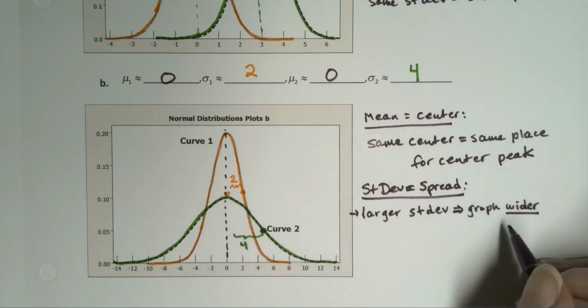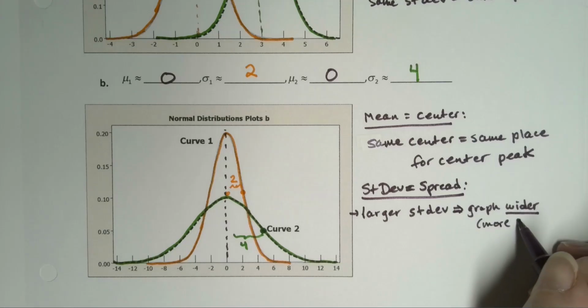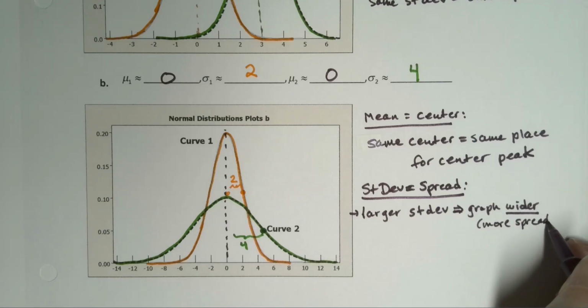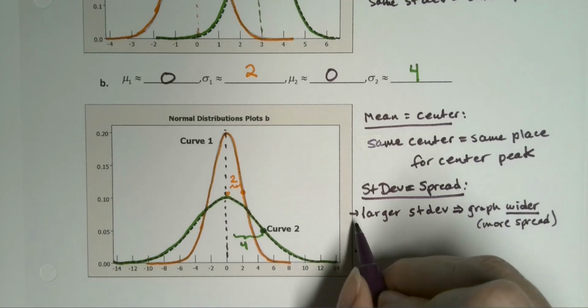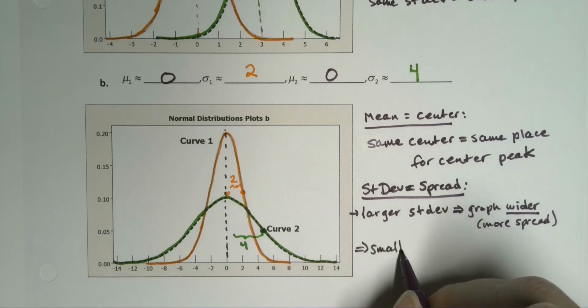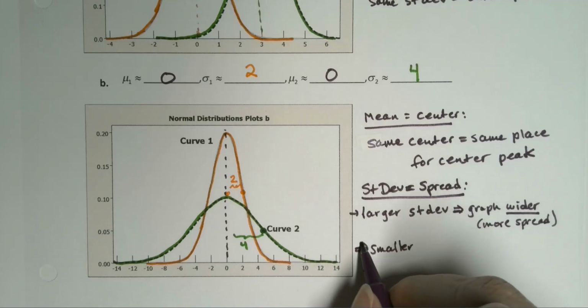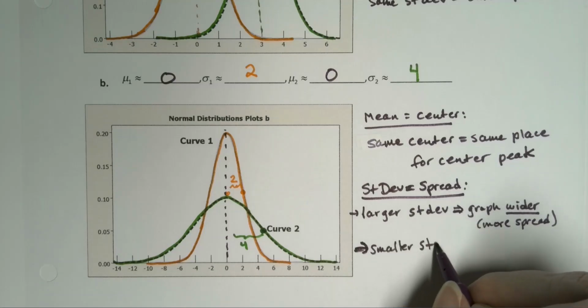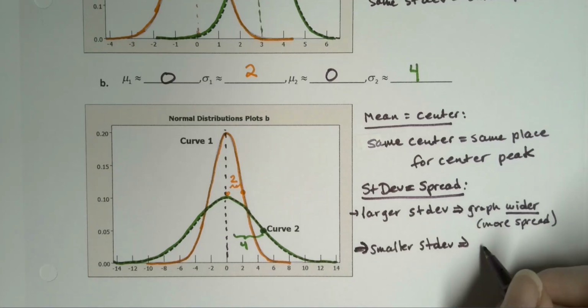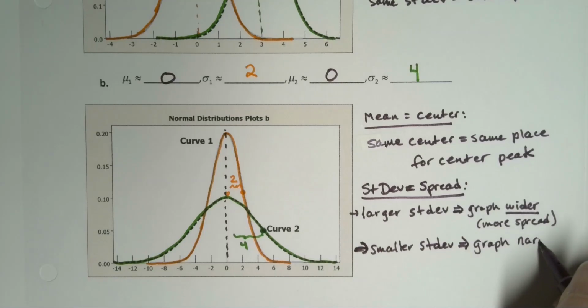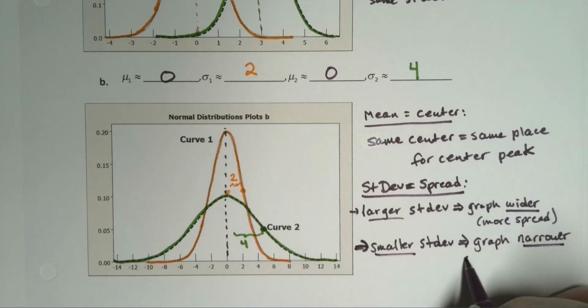More spread. And if the graph has a smaller standard deviation, that means the graph would be narrower. Right, less spread out, more packed in.